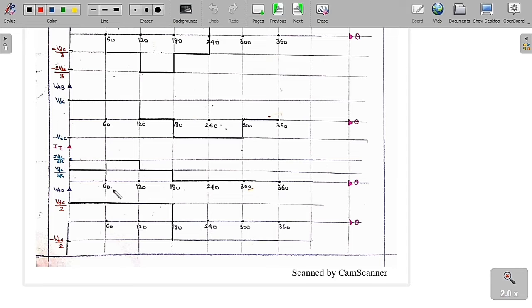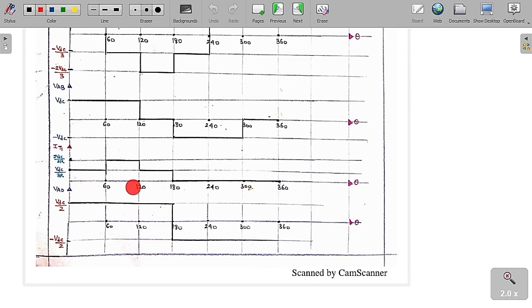From 60 degree to 120 degree, the phase voltage VAN is plus 2 VDC by 3, so the current is 2 VDC by 3R. From 120 degree to 180 degree, the phase voltage VAN is VDC by 3, so the thyristor current IT1 is VDC by 3R. This is the nature of the thyristor current IT1.